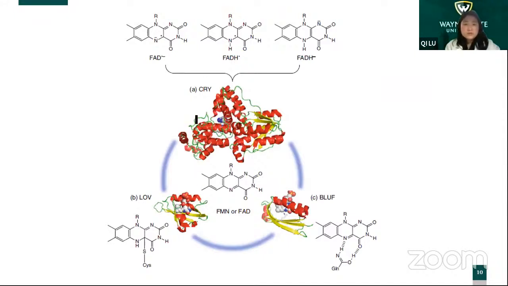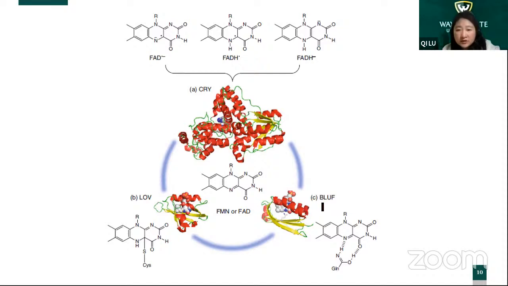So let's move on to see the structure of the cryptochrome, the CRY. As we can see here, the chromophore binding site is here, and there's some beta sheet here, and the chromophore is in the center. The LOV domain is smaller, and there's some alpha helix here.